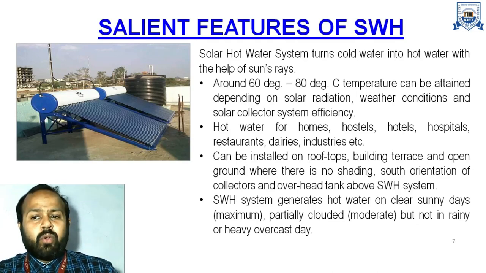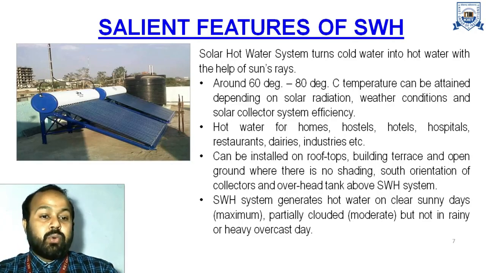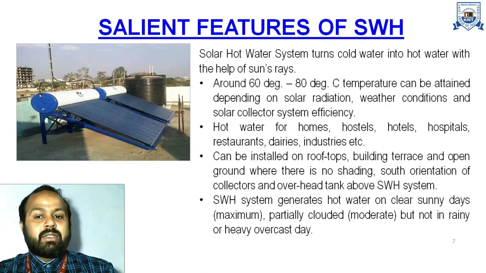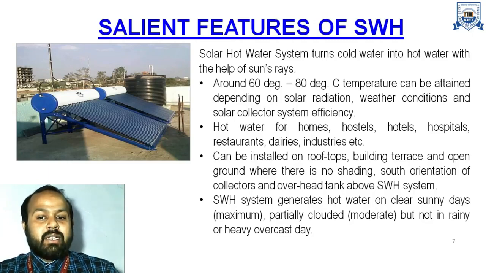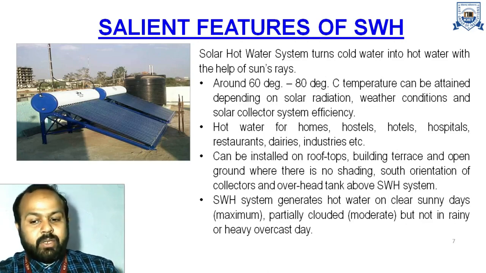It supplies hot water for homes, hotels, hospitals, restaurants, dairies, industries, etc. A solar water heating system can be installed on rooftops, building terraces and open ground where there is no shadow effect, with a south orientation of the collectors and the overhead tank above the system. It gives hot water on clear sunny days, and even partly clouded days, but not on rainy or heavily overcast days.